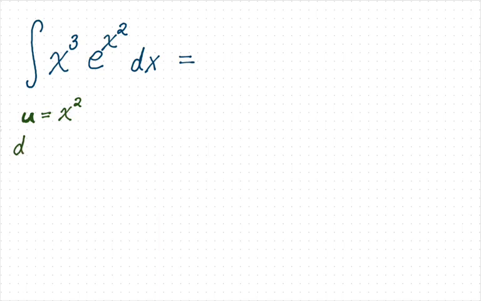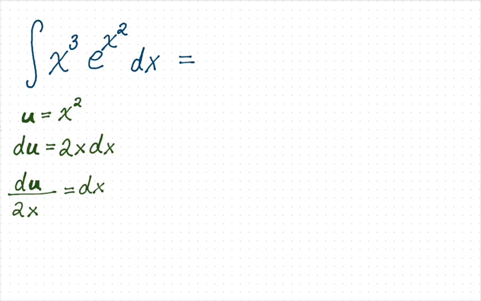So d bold u is equal to 2x dx. So d bold u over 2x is equal to dx.